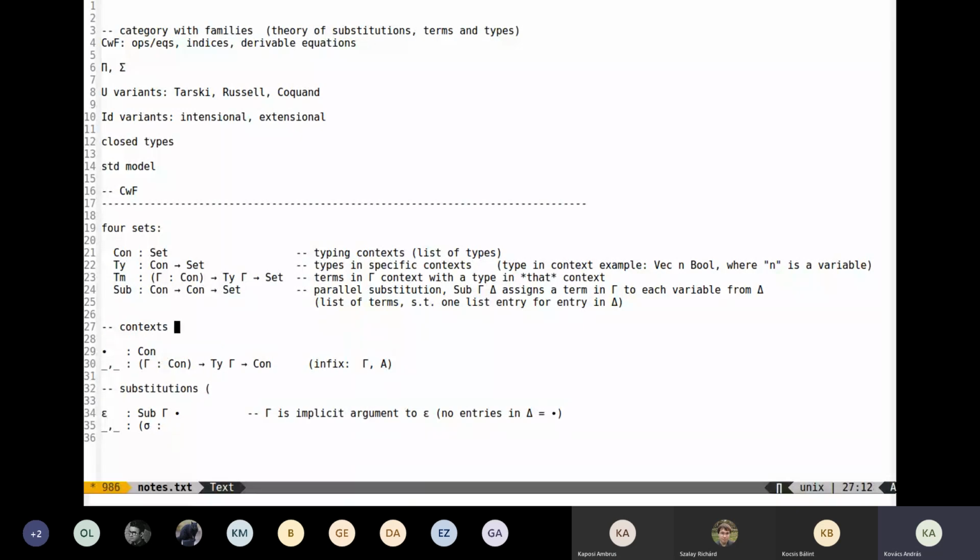So let's also summarize the notation for variables. So for context, we are usually using uppercase Greek letters. We can pick some uppercase Greek letters. For substitutions, we are using lowercase Greek letters like this.